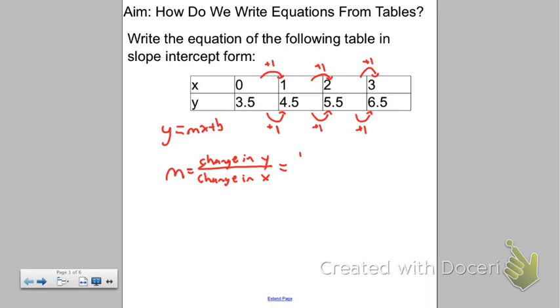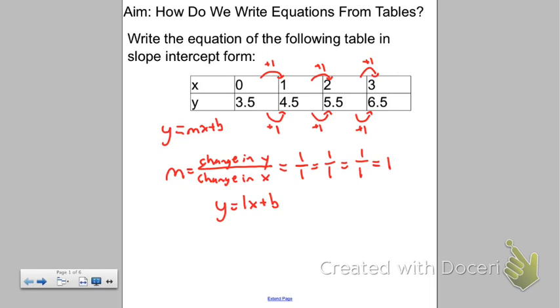So for this first change, I have 1 over 1. That's equal to 1 over 1 and also equal to 1 over 1. If they are not the same, then it is not linear and we cannot write an equation in slope-intercept form. So my m, or my slope, is just 1. So I have y equals 1x plus b.